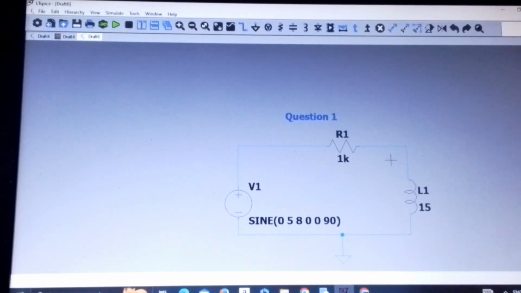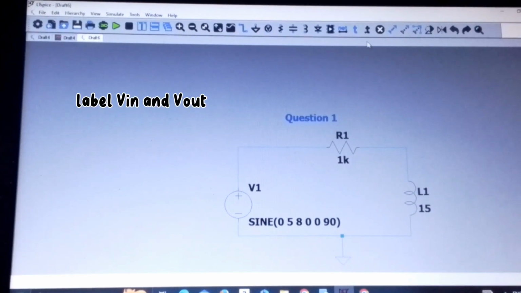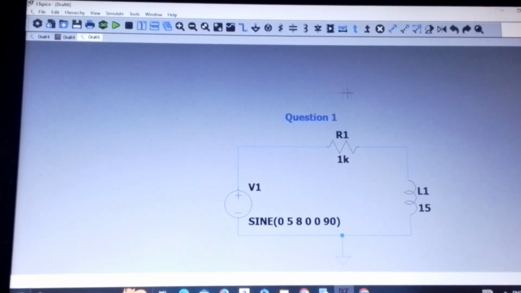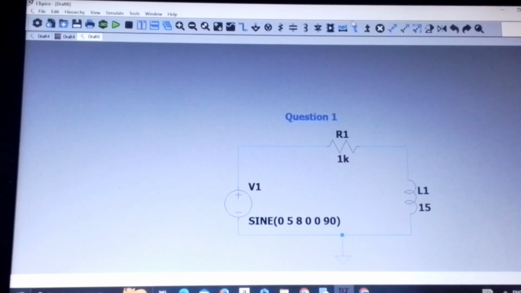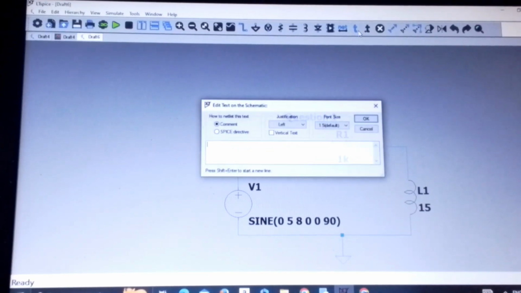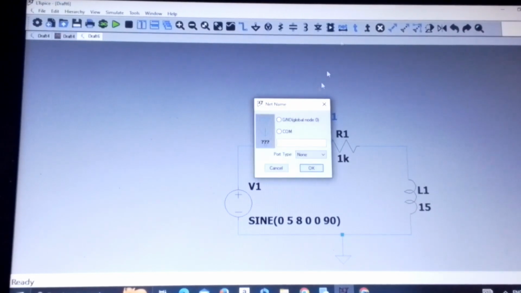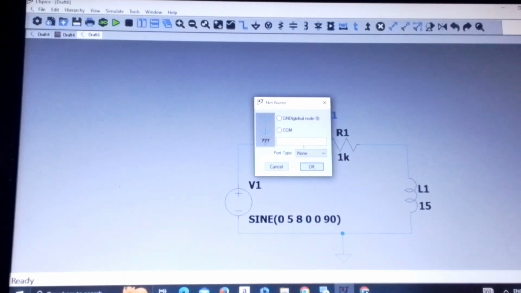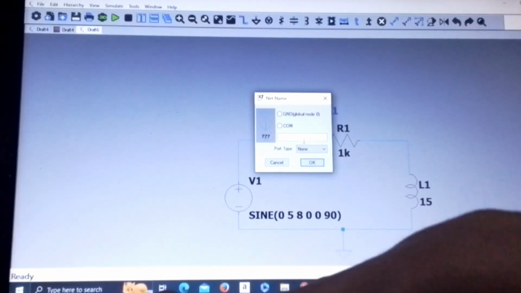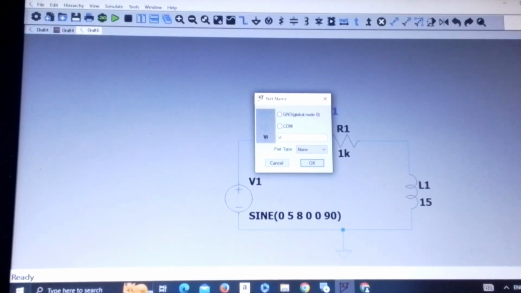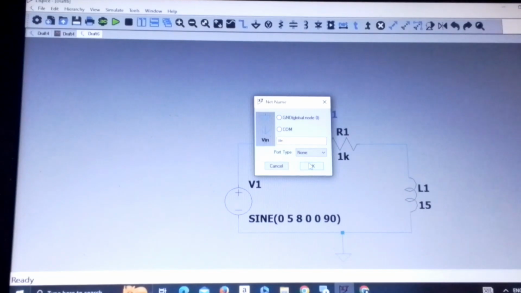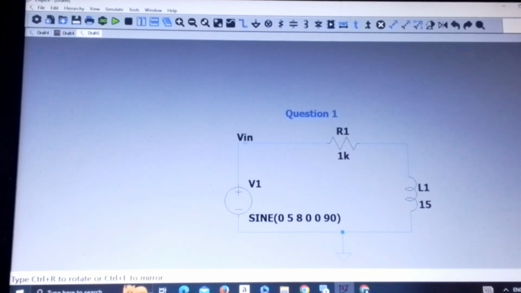And lastly, we need to label the V in and V out. V in here and V out here. Click here. I put it here.